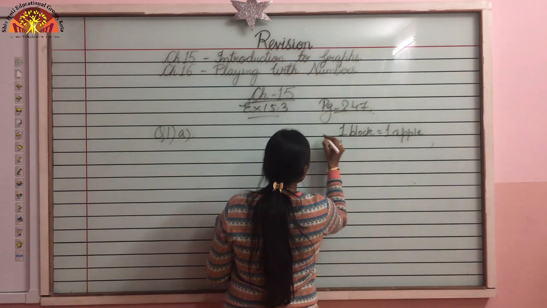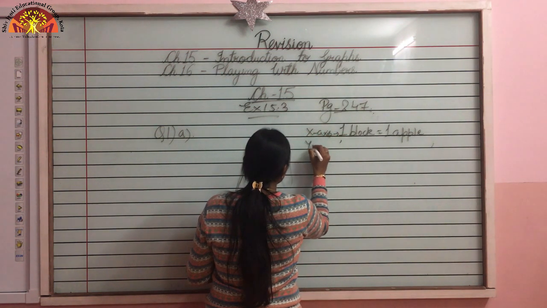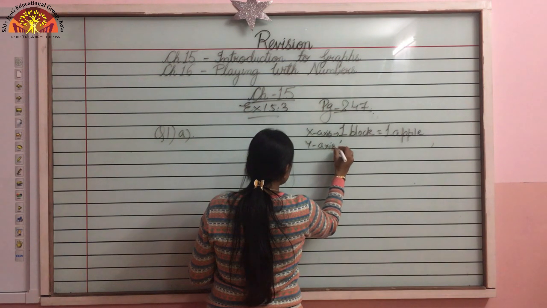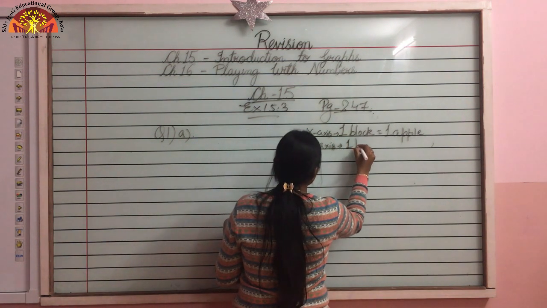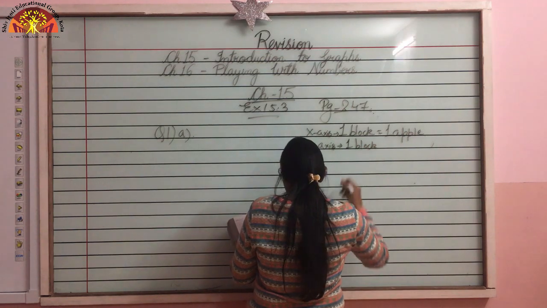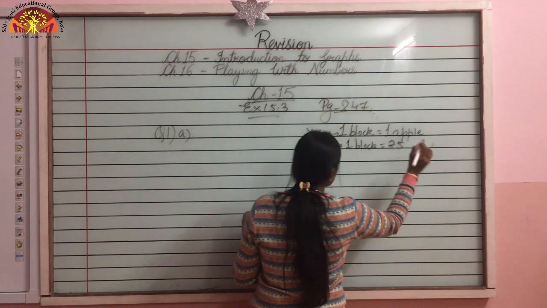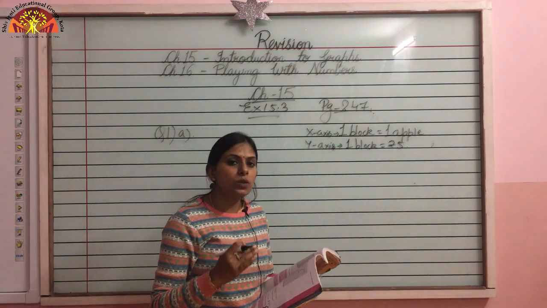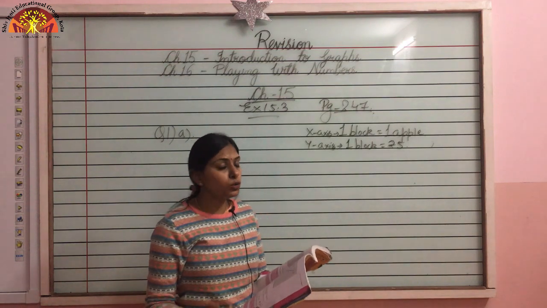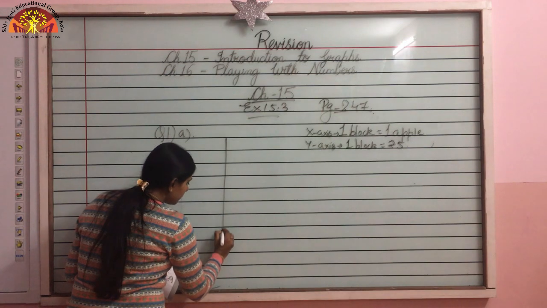Okay, this is for the x-axis, and for the y-axis I am taking the cost. So 1 block is equal to rupees 5. Okay, so it's not at all mandatory that whatever scale I am choosing, you have to choose that. You can choose the scale according to your convenience. Okay, so now again we'll plot a graph.